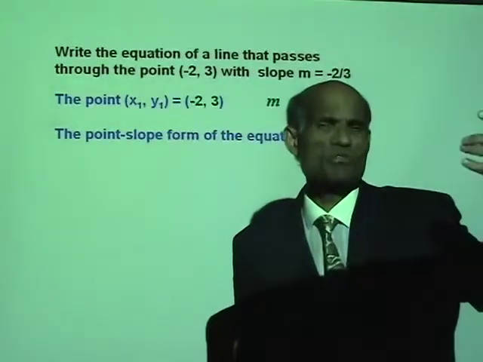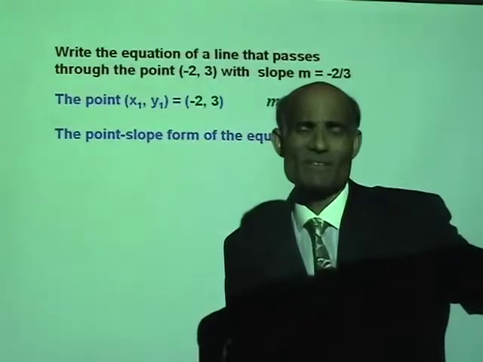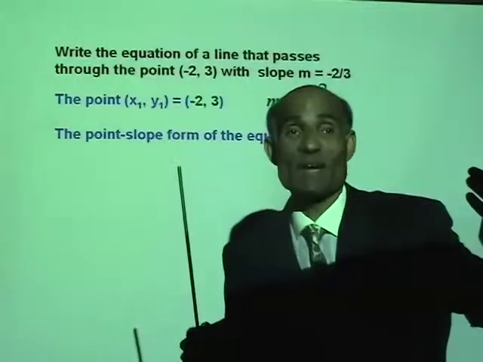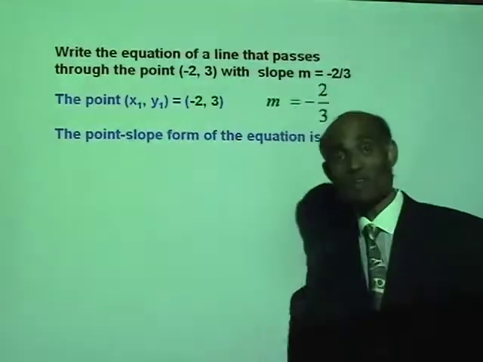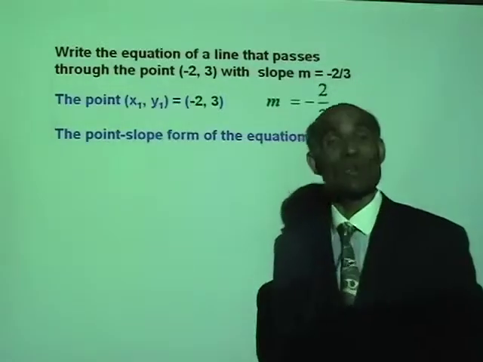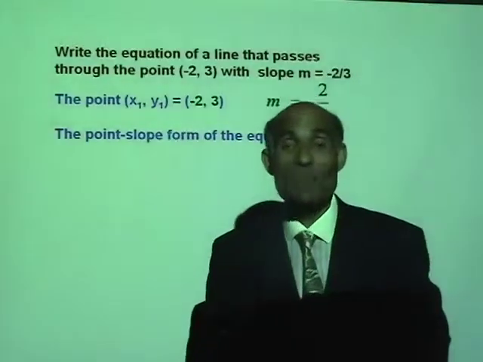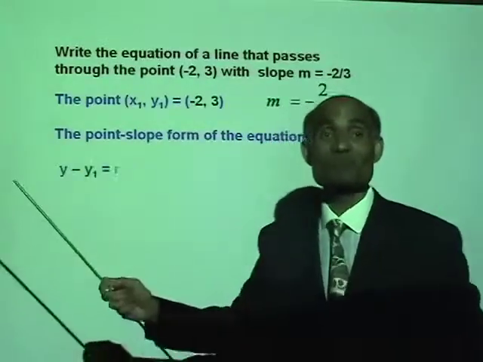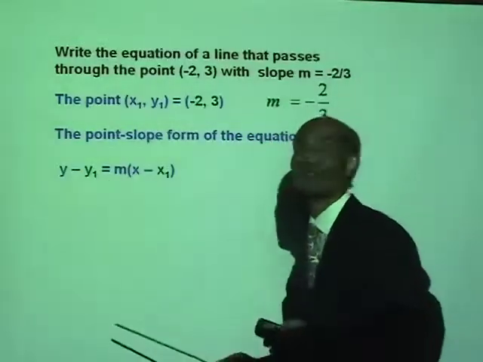Does anybody want to do a calculus course? Well, you will find this always there. Okay, tell me this now. What is the point-slope form of the equation? Y minus y1 equal to m times x minus x1. There you are.